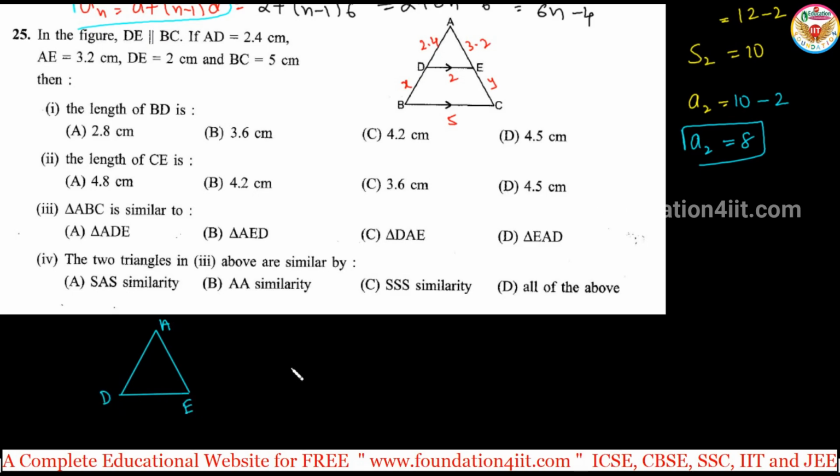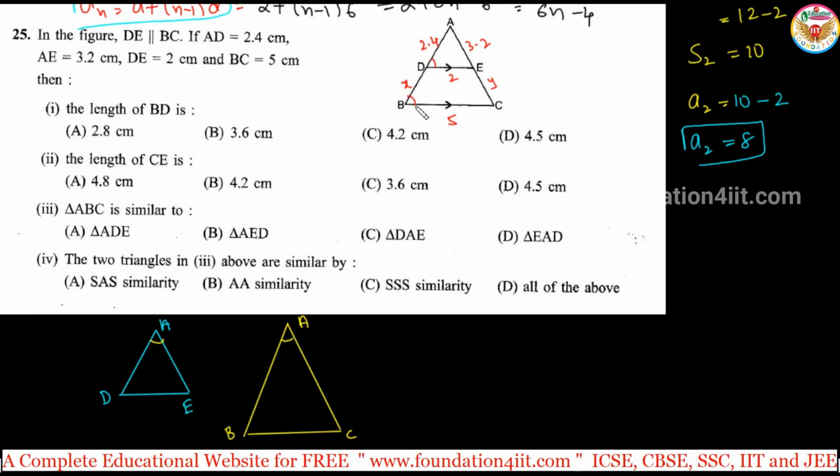This triangle ADE is similar to ABC, the entire big triangle, because angle A is the common angle for both the triangles. Again, these two are the corresponding angles. Angle D is equal to B. So this D and B are the same. Right? Again, angle E is equal to angle C, corresponding angles.